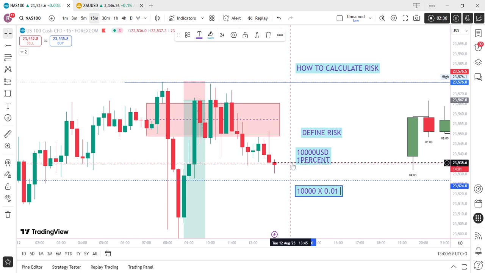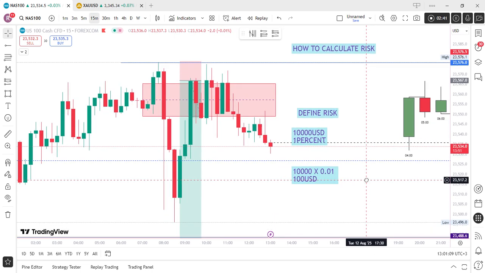That is going to give us 100 USD, and that is exactly 1%. So 100 USD is what you're going to have at risk per trade.